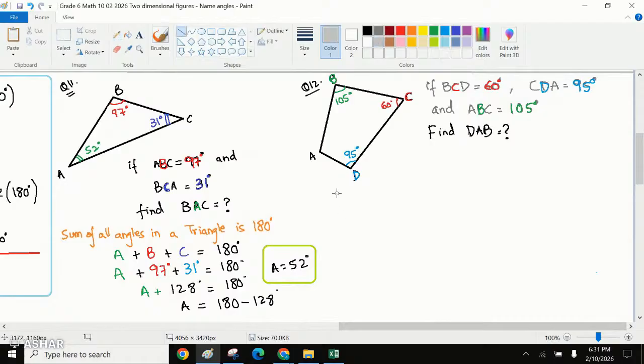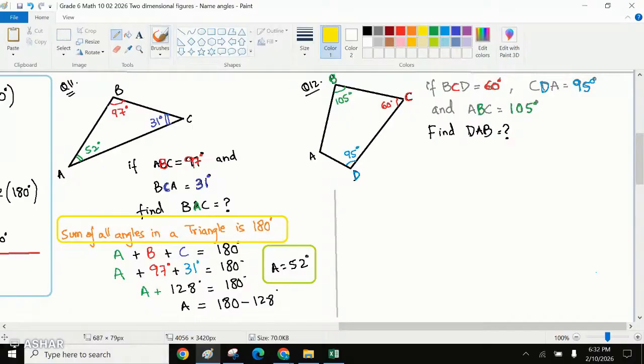Keeping in mind that this is not a triangle, right? We know for a triangle, the sum of all the angles inside the triangle is always 180. But in a four-sided shape, in a quadrilateral, what should be the sum of all the angles?